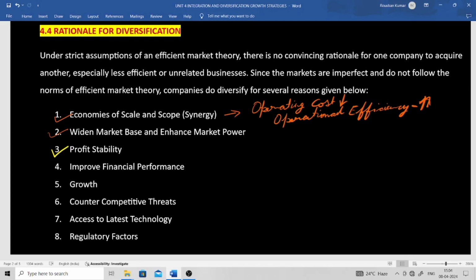So on average, profitability stabilizes whenever there is diversification. And how does it stabilize? When a large number of organizations pursue diversification as a strategy to avoid instability in sales and profits, which can result from events such as cyclical and seasonal shifts.